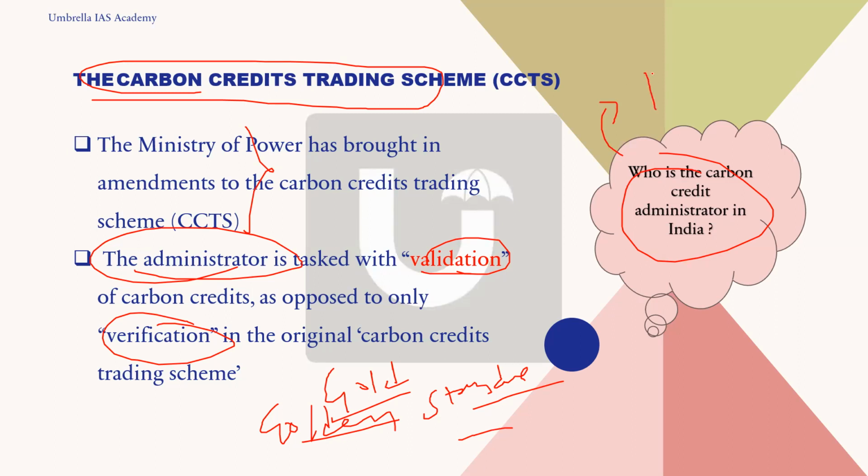The answer is Bureau of Energy Efficiency. So what can be an alternative option in the prelims? Can anyone give me an alternative option to confuse you? What can the examiner give you in the exam? Apart from BEE, are there any other alternatives?